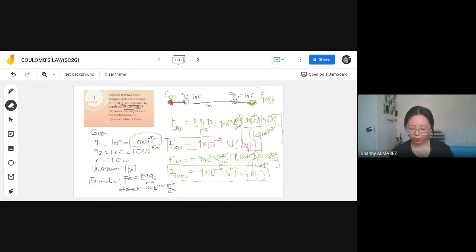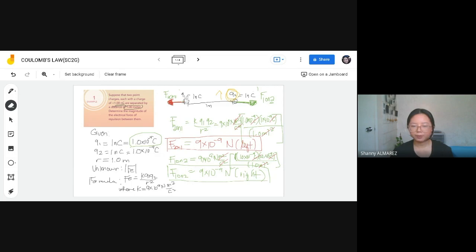So tatanungin ko kayo, paano kapag I increase the amount of charge of Q2? Halimbawa, i-increase ko ang amount ni Q2. I make it higher. Can we still expect that F2 on 1 will be equal to F1 on 2?